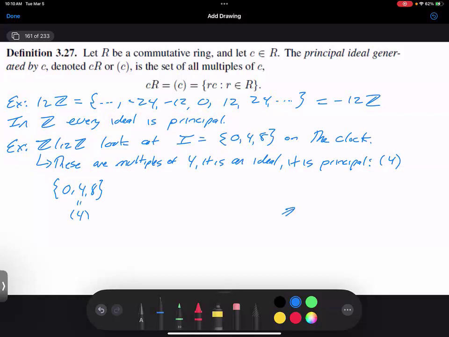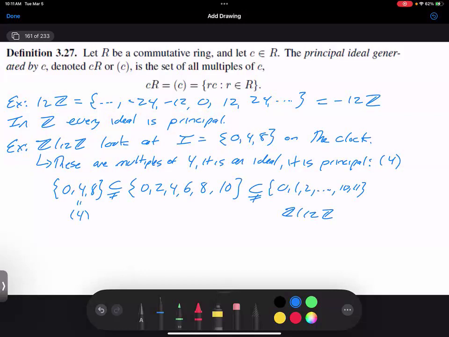Here is Z mod 12Z. So 0, 2, 4, 6, 8, 10. That would be strictly greater than 0, 4, 8. It would contain it, but it would not be the whole thing.